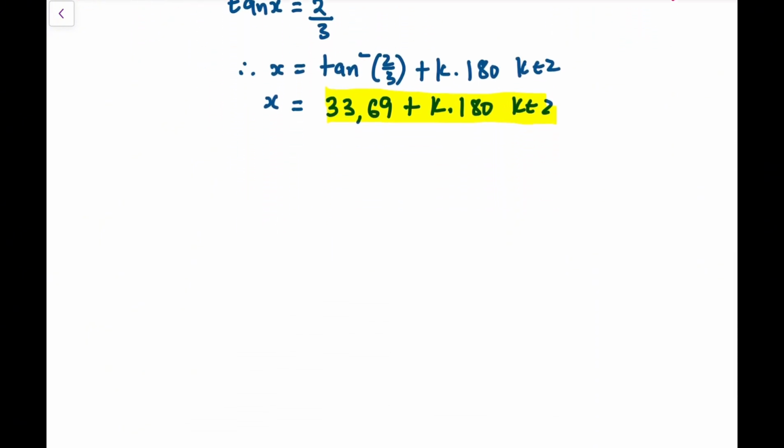Example number 2, find the general solution again.